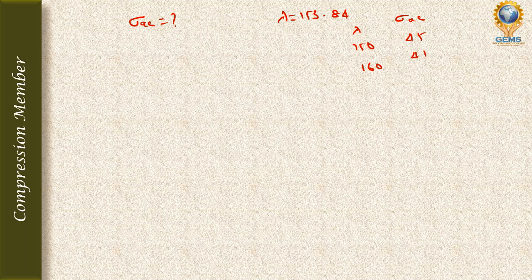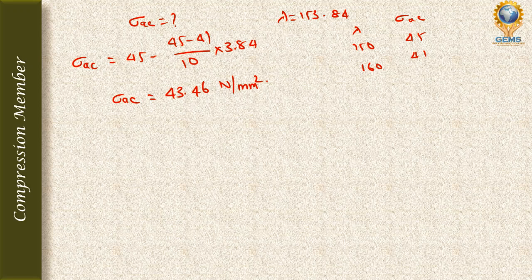By interpolation we can find the sigma AC, that is 45 minus (45 minus 41) divided by 10 into 3.84. So our sigma AC value is equal to 43.46 Newton per mm square.